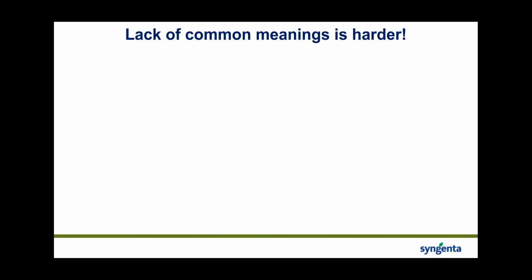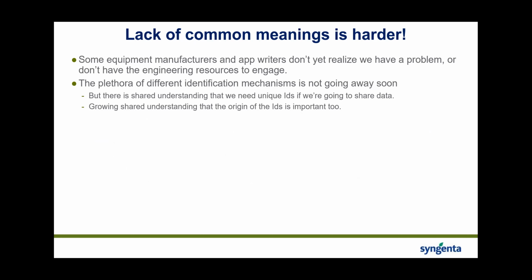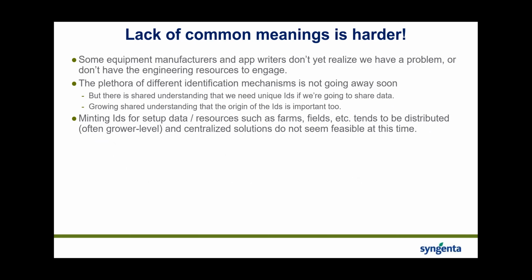The common meanings is a lot harder. So some equipment manufacturers and app writers just don't yet realize we have a problem or don't have resources to engage. And there's a lot of different identification mechanisms, and that's not going away soon. But there is a shared understanding that we need unique IDs, a growing shared understanding that the origin of the IDs is important too. The minting of these IDs, though, tends to be distributed, and centralized solutions don't seem feasible at this time.